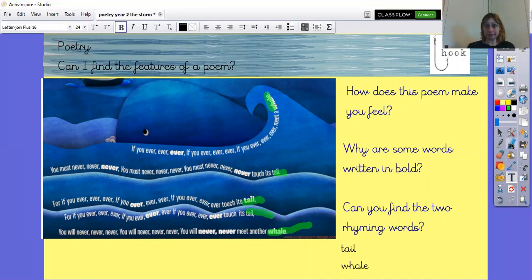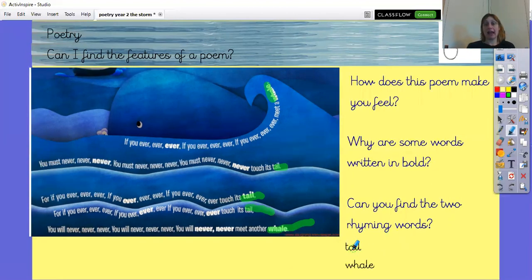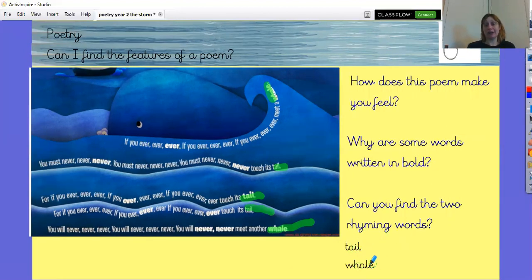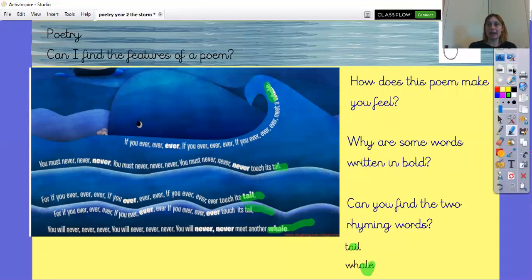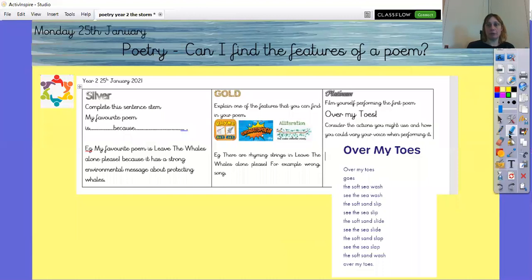So here we need the A sound, don't we? So we've got ale there, and then we've got whale, but they're spelt differently. We've got the special friends AI, and then the split digraph here, A with another letter in the middle, and then an E.